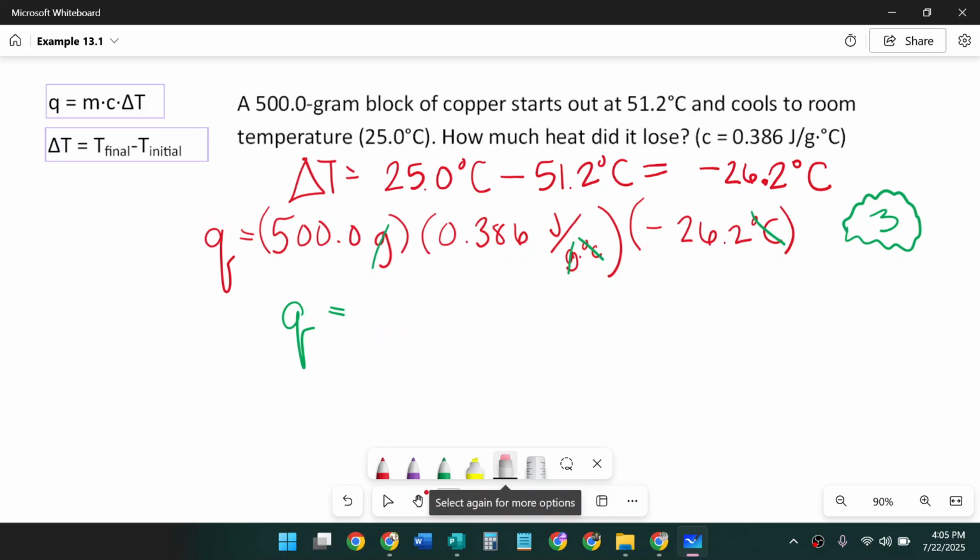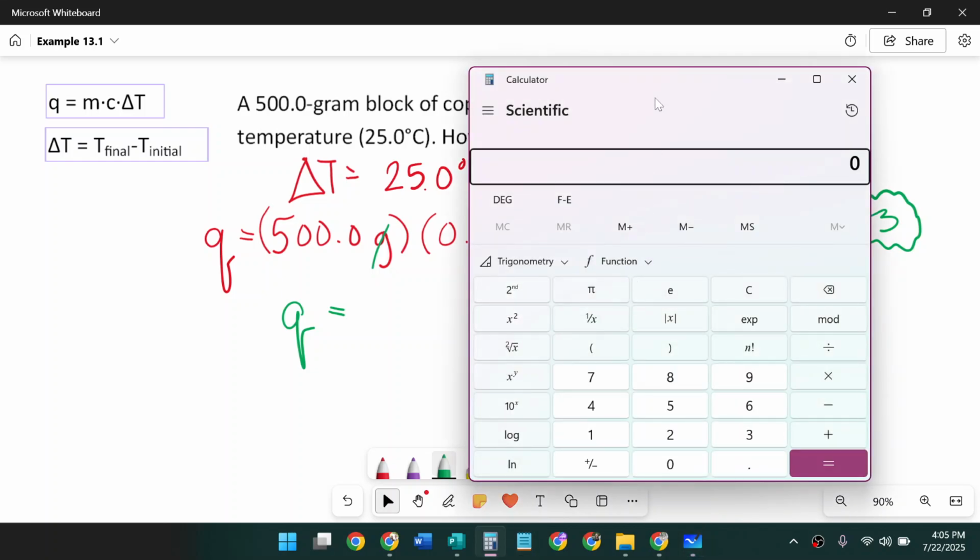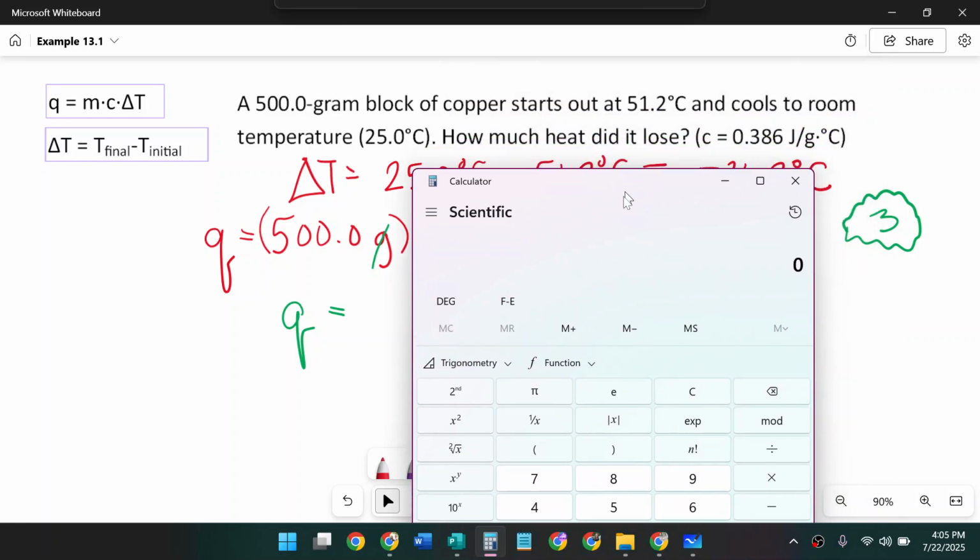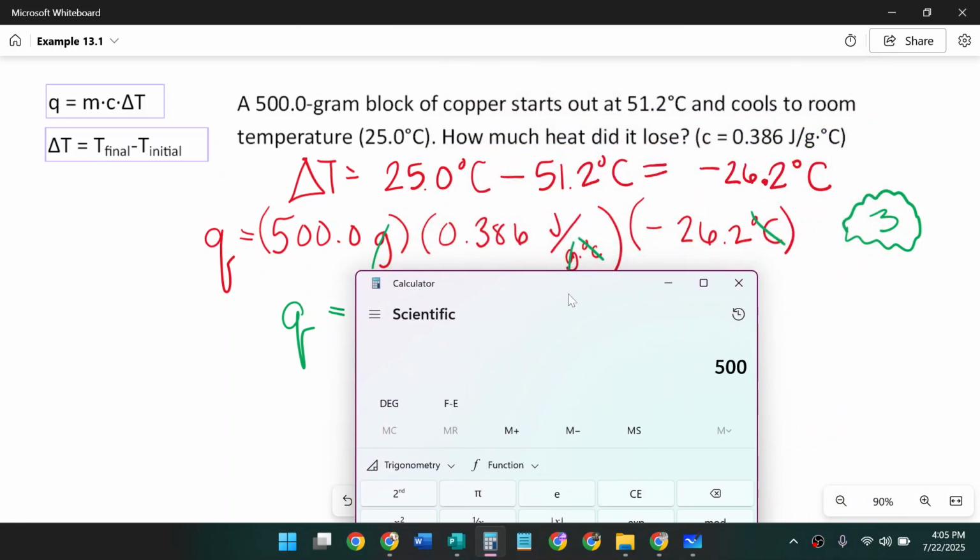All right, let me give myself a little bit more room to write the answer. So when I put those into the calculator, go ahead and open up the calculator so you can see that happen. I have 500 times 0.386 times, I'm just going to put in 26.2 for simplicity and know that my answer is negative. So negative 5056.6, I can only keep 3 significant digits.